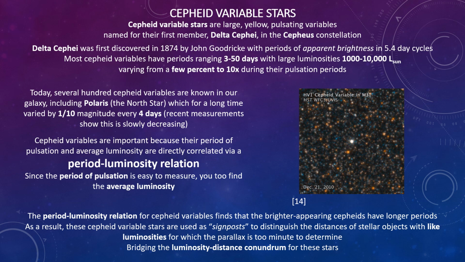As a result, these Cepheid variable stars can be used as signposts to determine the distances of stellar objects with like luminosities, for which the parallax is too small to determine. And so this helps bridge the luminosity distance conundrum that we had for these stars.